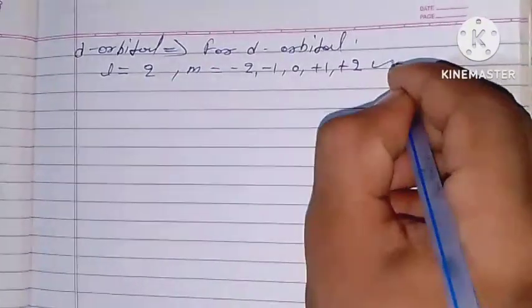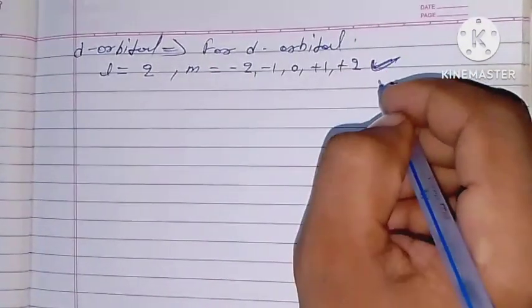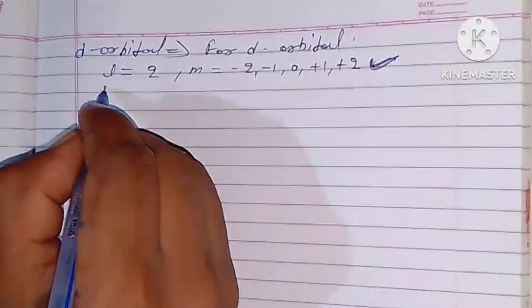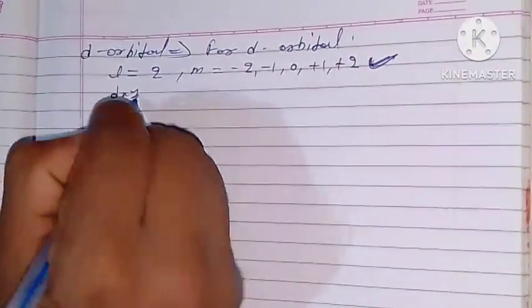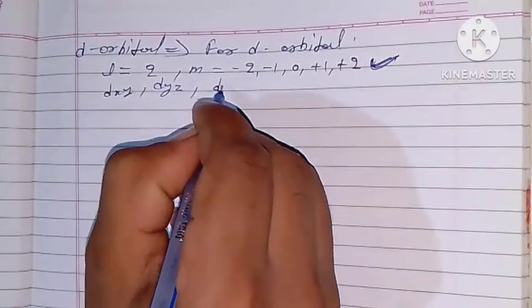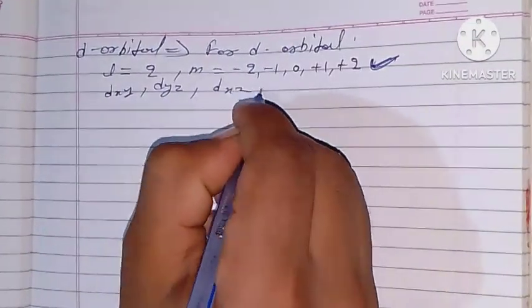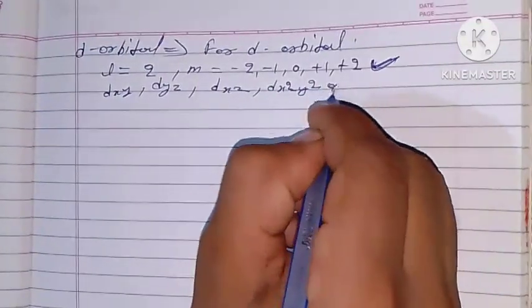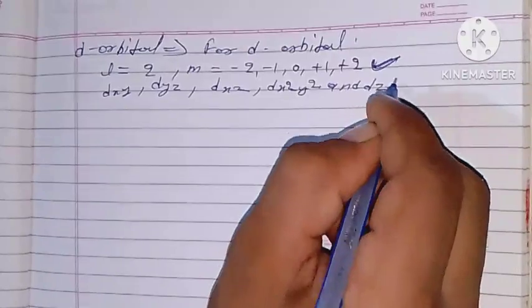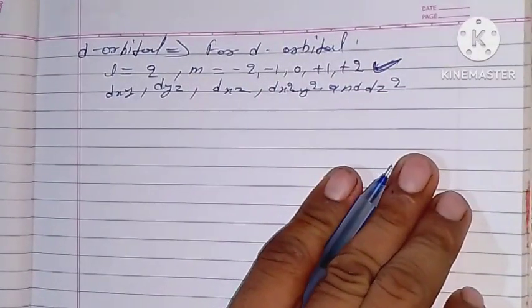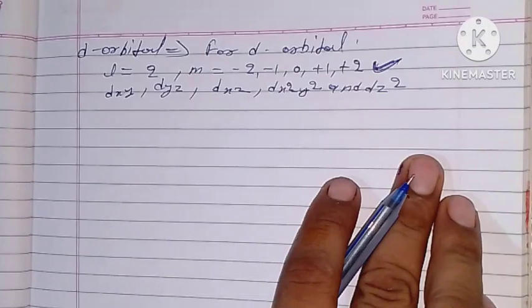The 5 values of m indicate 5 orientations represented by dxy, dyz, dxz, dx square minus y square and dz square. This is the orientation of d orbital.